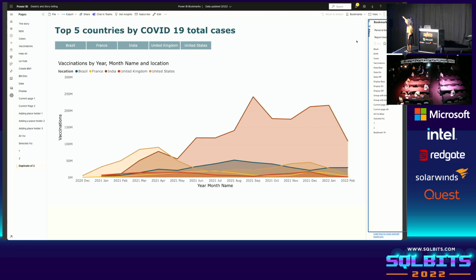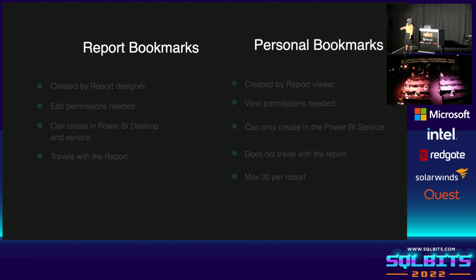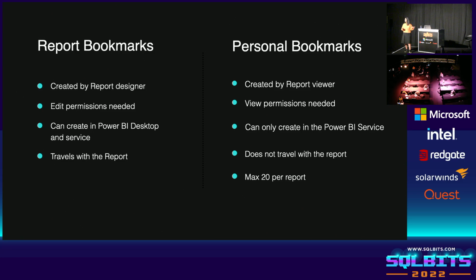Personal bookmarks are useful and used only in the Power BI service. Report bookmarks, yes, you can create them in the Power BI service, but most of the time you probably create report bookmarks in Power BI Desktop. So what is the difference between personal bookmarks and report bookmarks? The personal bookmark is usually created by the report viewer, and report bookmarks are created by the report designer.